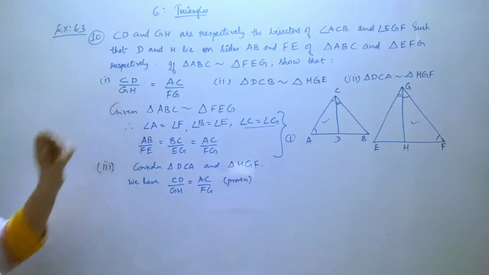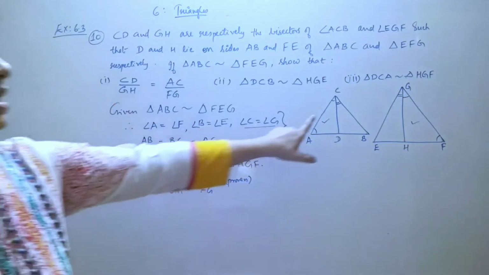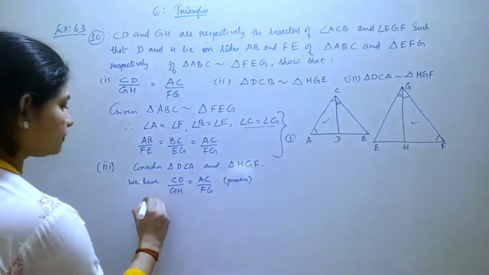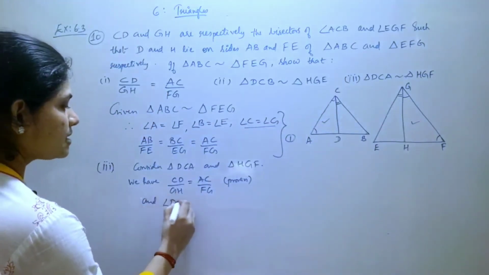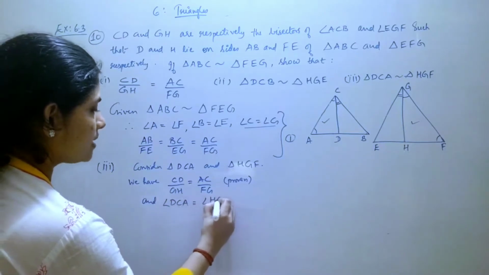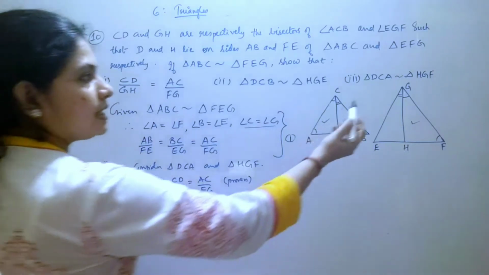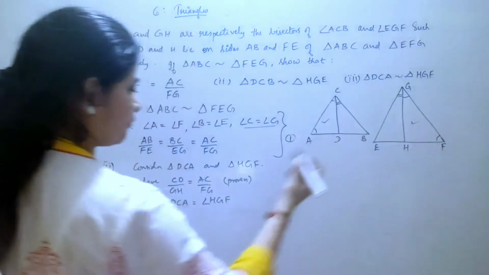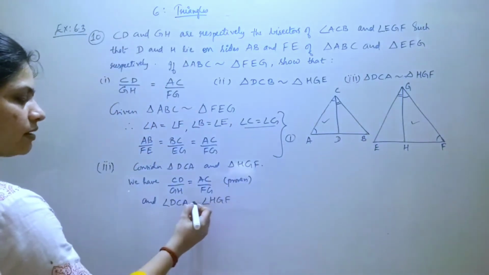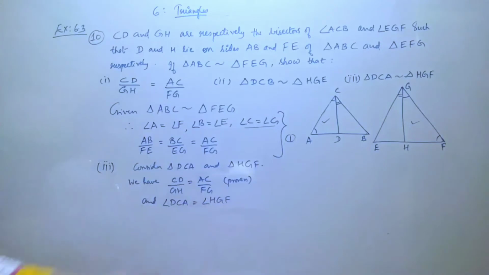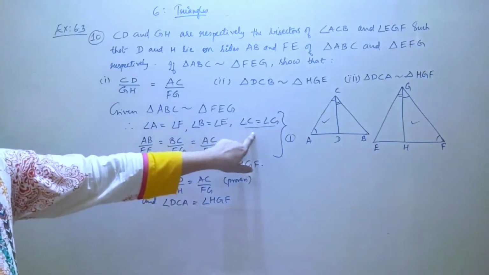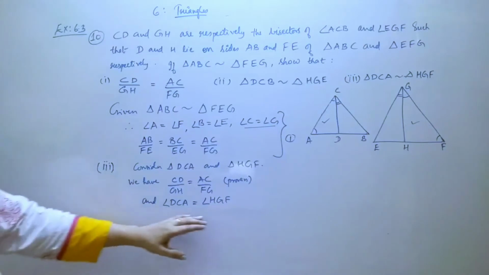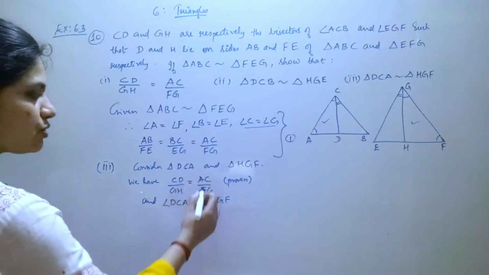The other concept which we already have is that this angle is equal to this angle. That means angle DCA is equal to angle HGF, because angle C equal to angle G and half of angle C equal to half of angle G, and we are replacing that half with this one. From these two what you got?